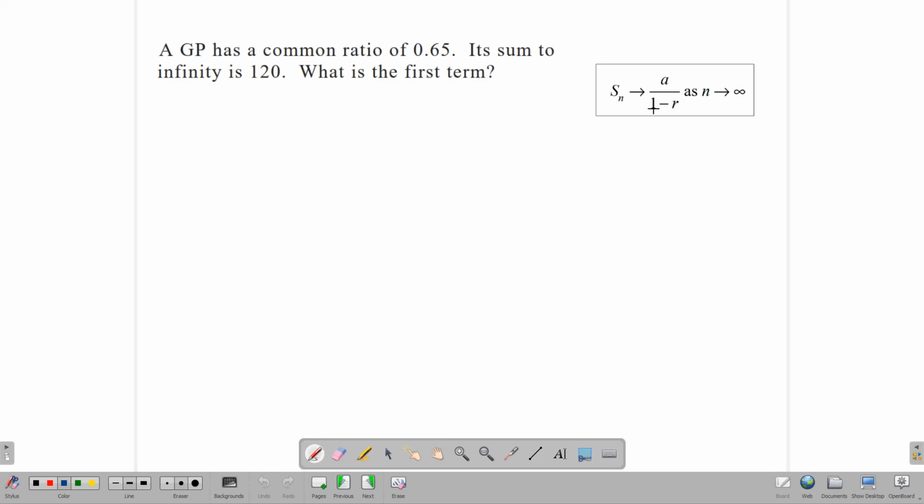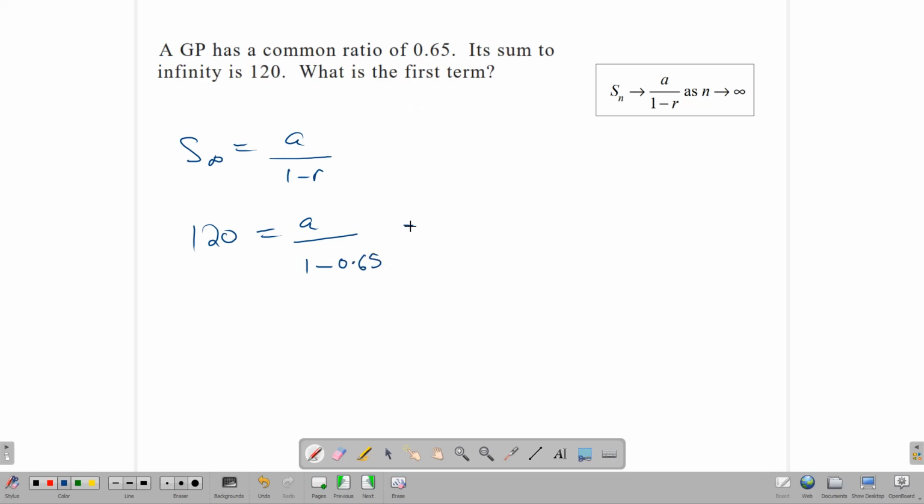So we're going to be using our formula here. The sum to infinity is equal to a over 1 minus r. What we know is that our common ratio is 0.65, but we don't know the a. So since we know the sum, then 120 is equal to a divided by 1 minus 0.65.